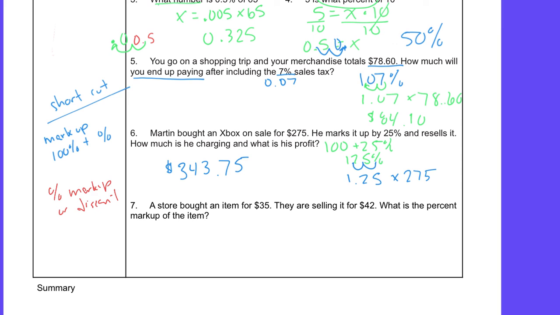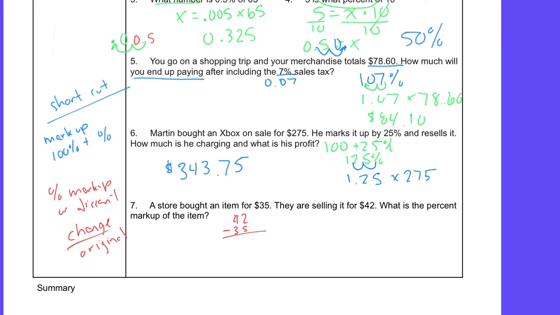We're going to take how much it changed by, divide by the original amount. So this changed by, well, there's 42 now minus the 35 he bought it for.